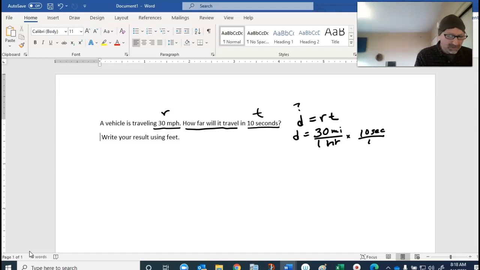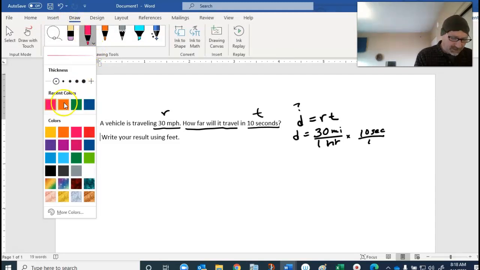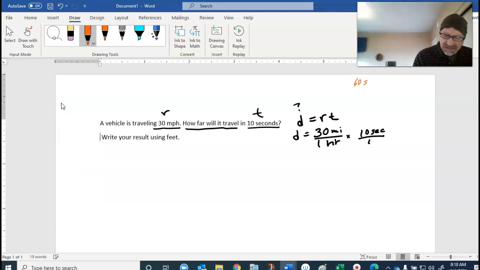I'll remind you that we've done problems like this in the past, if you've looked at other videos, that since 60 seconds is equal to 1 minute and 60 minutes is equal to 1 hour, we can use the fact that for every 60 minutes there's 60 seconds, so you'd multiply those two to get 3,600 seconds is equal to 1 hour.